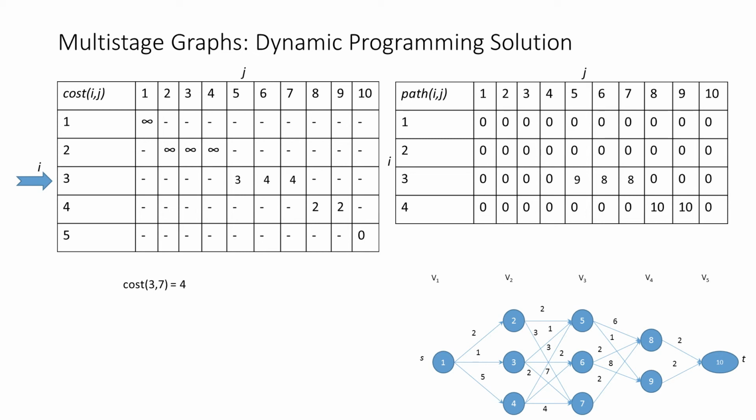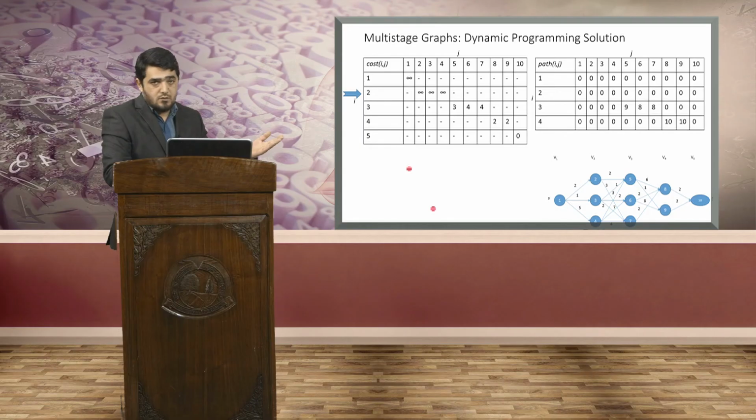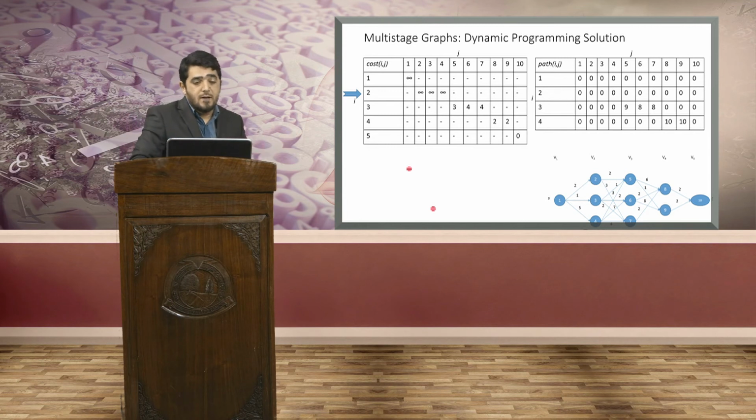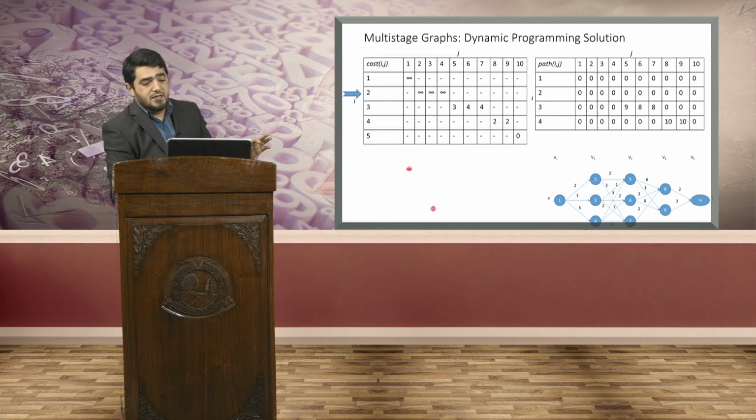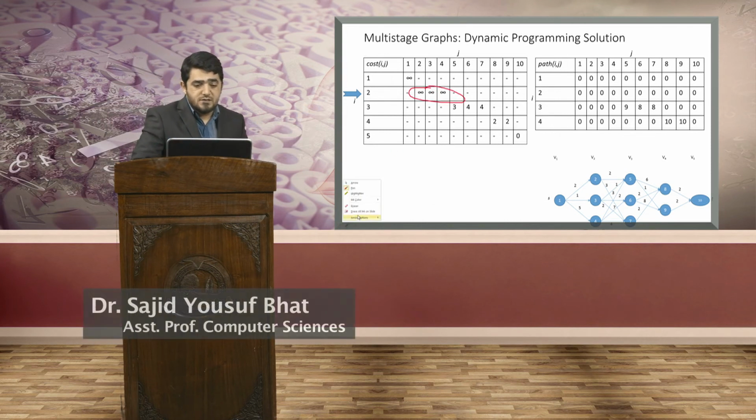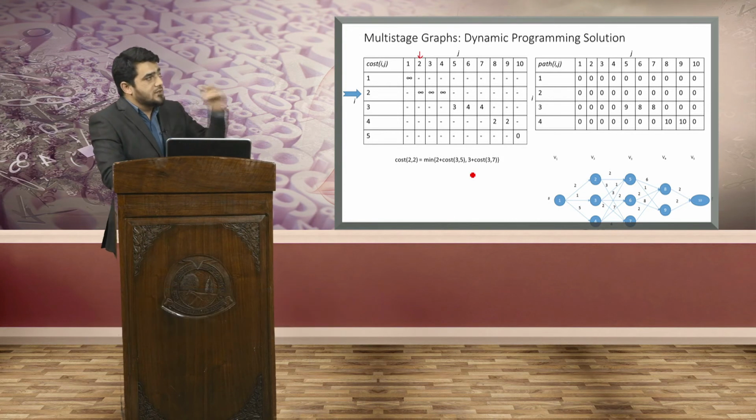We'll go back one step to stage number 2 and try to find the minimal cost for that stage. We are at stage number 2, and there are 3 nodes in this stage, that is 2, 3 and 4. So we'll take up 2 first. The cost of selecting node number 2 in stage number 2 is given by what is specified in the slide.